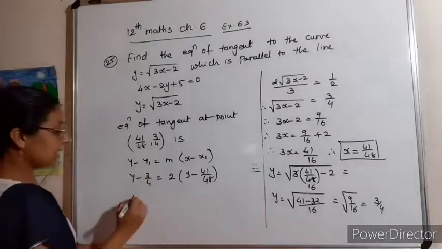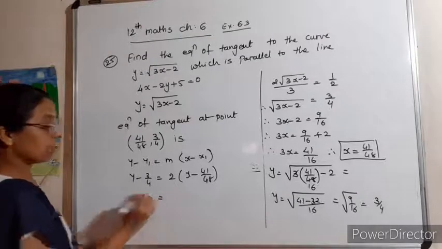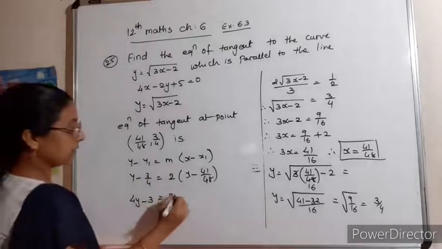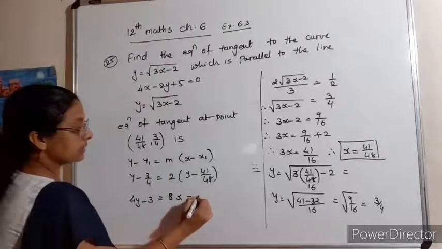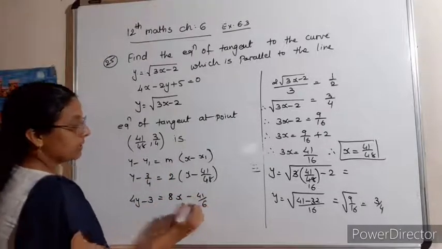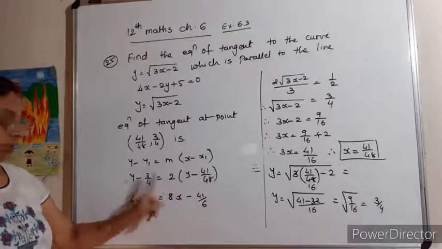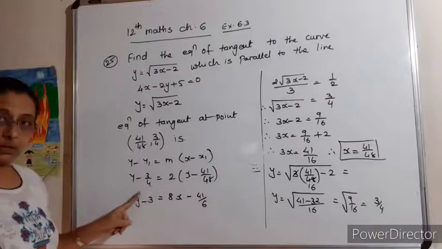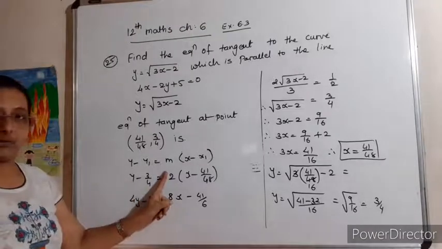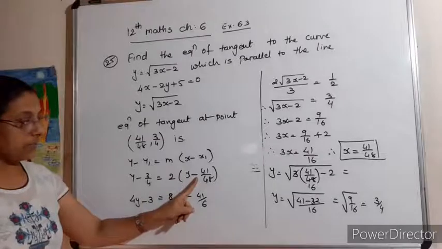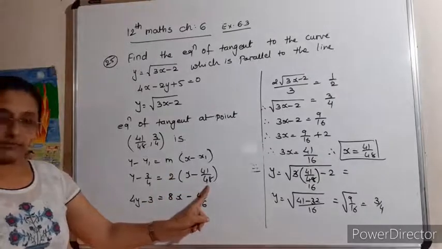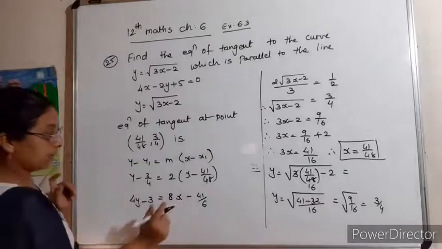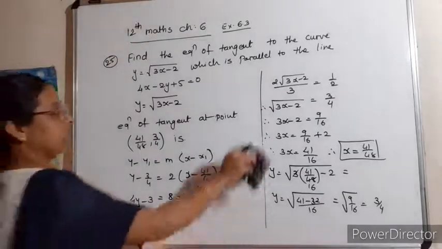Okay, so we can say that (4y minus 3) whole upon 4. The 4 goes this side, 4 2s are 8. 8x minus 8 times 41 by 48, that is 41 by 6. Again here we will have to simplify it.